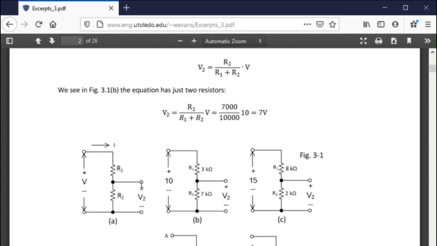Now that implies what? That we don't have anything attached across this resistance right here. Usually that can be the case, or we can say this is a very high resistance with respect to this, then it works. But basically, that's with this open.